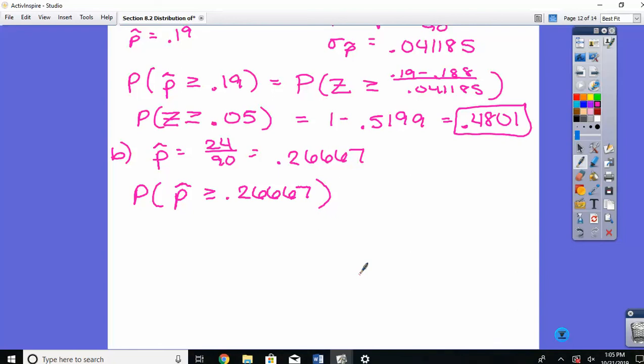So 26% is bigger than that. So let's find the probability that we are larger than 26%. So change it to a z. We still have the same mean and standard deviation from part A.